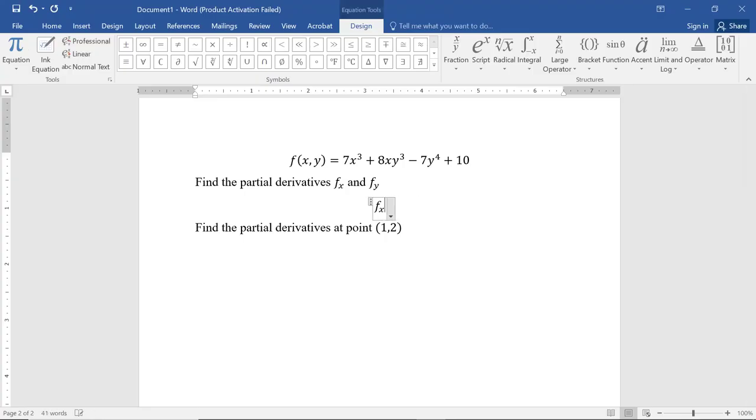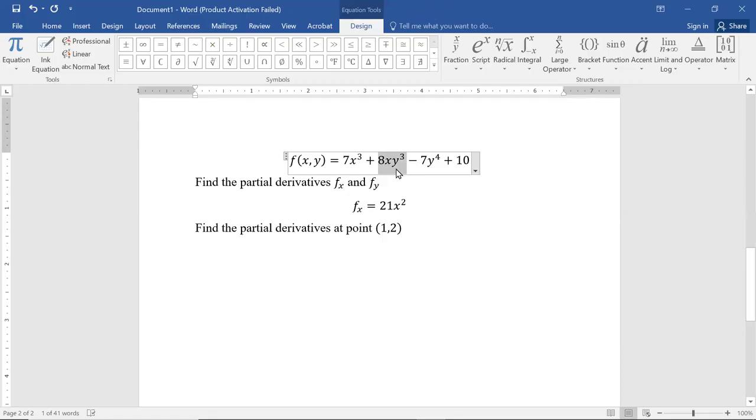First, I almost always take f sub x first. So I take the partial derivative with respect to x. This first term, 7x to the third, 3 comes down, multiplies, gives you 21x squared. Now, in the second term, we have a mixing of x and y's.